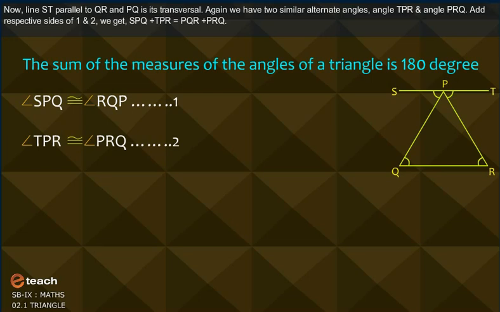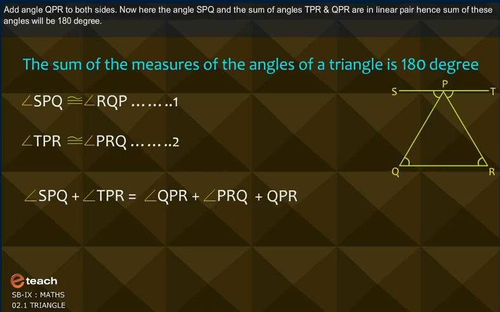Again, we have two alternate angles, angle TPR and angle PRQ. Add respective sides of 1 and 2. We get angle SPQ plus angle TPR is equal to angle PQR plus angle PRQ.